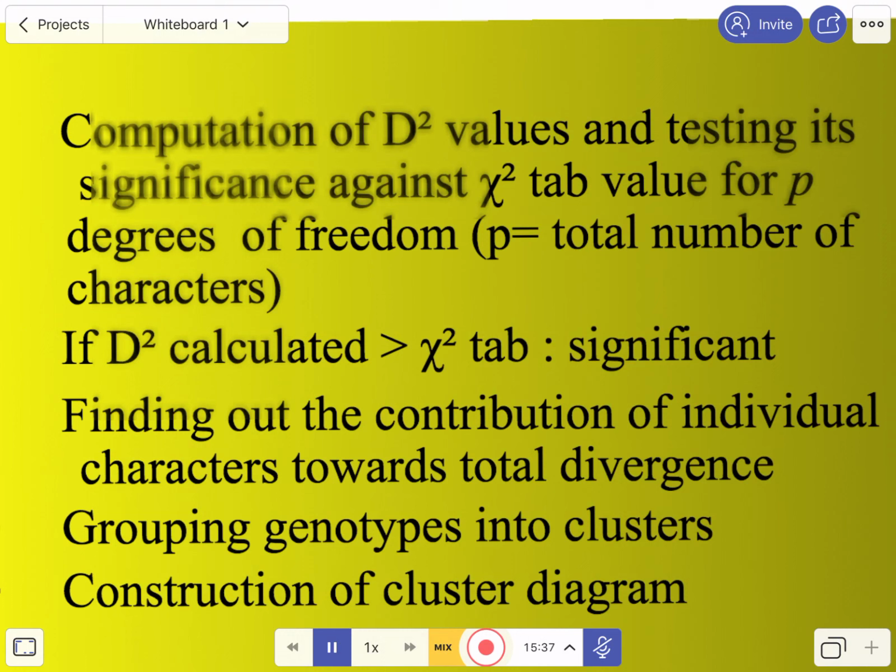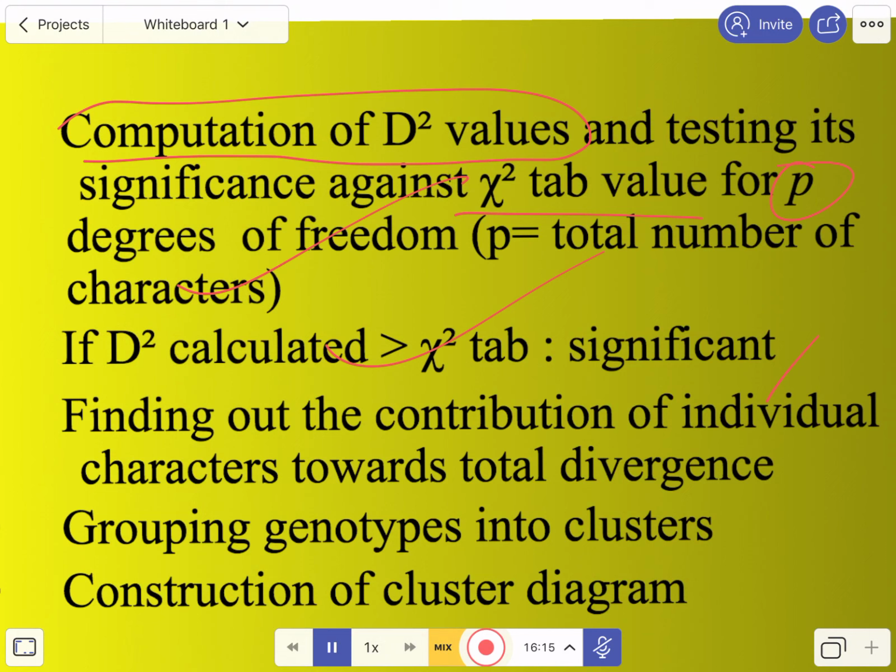Then comes finding out the contribution of individual characters towards the total divergence, then grouping of different genotypes into various clusters, then estimation of average intra-cluster and inter-cluster distance, and after that construction of the cluster diagram.